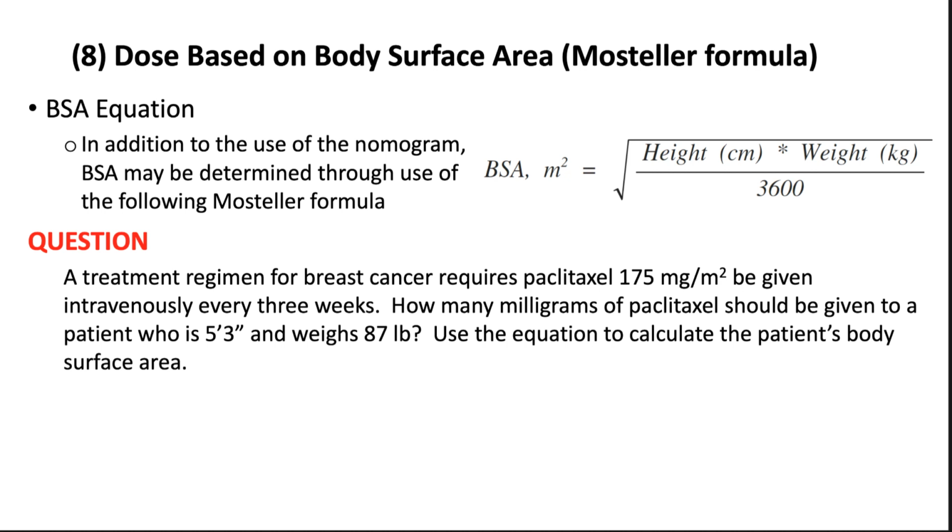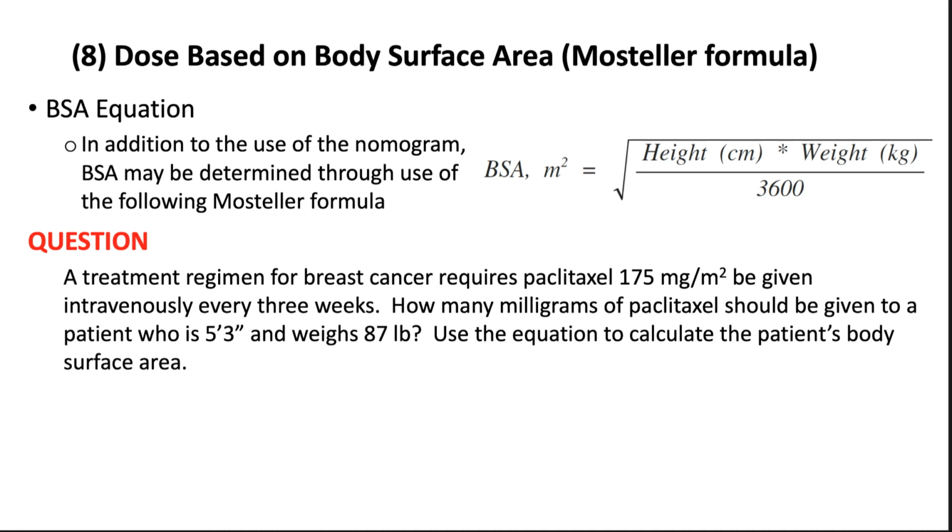So remember, to calculate body surface area, this is very important as well, you need the units of height in centimeters multiplied by the patient's weight in kilograms. Take height in centimeters times the weight in kilograms, divide that by 3,600. I don't know where that number comes from. It's just part of the formula. Divide it by 3,600.